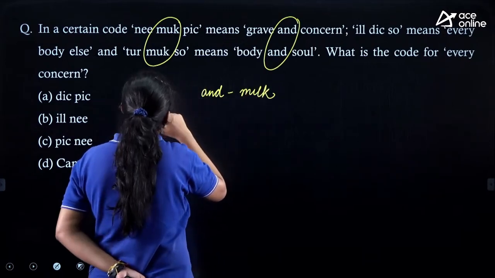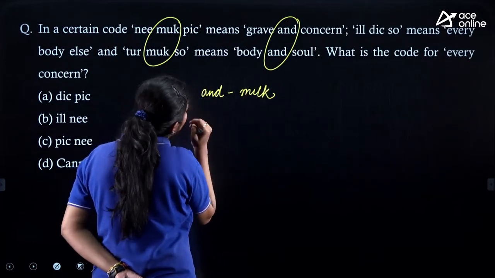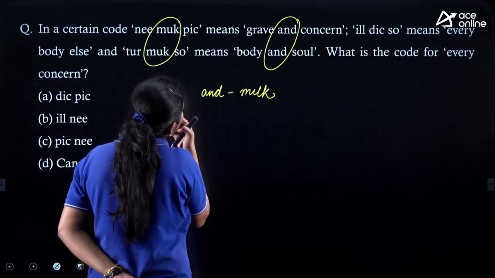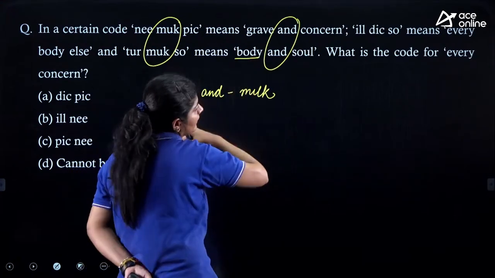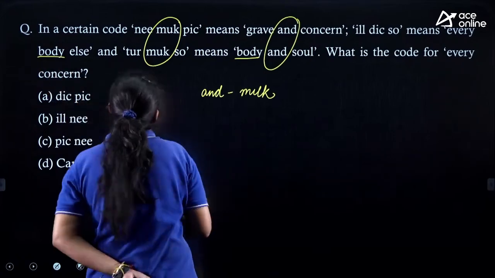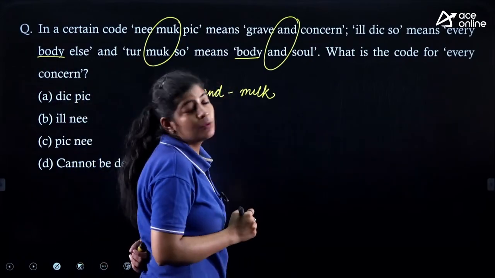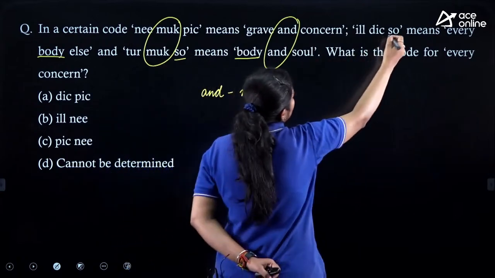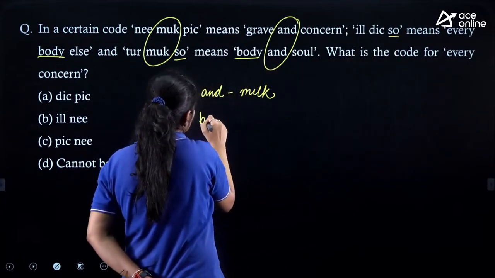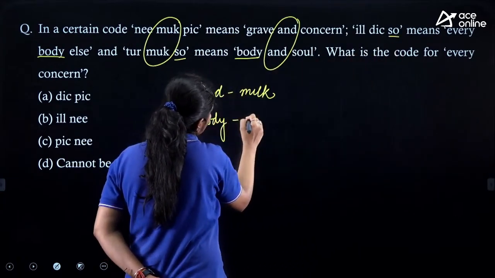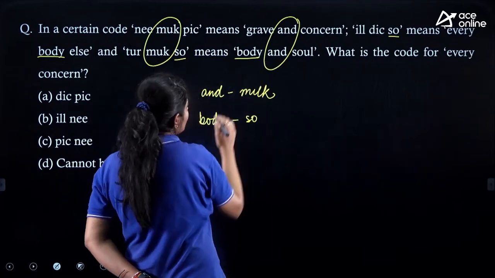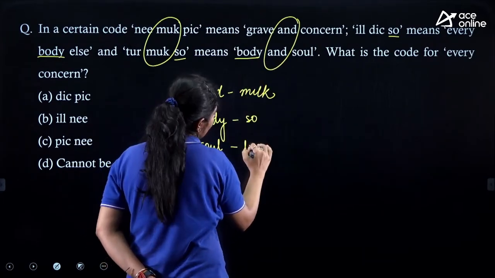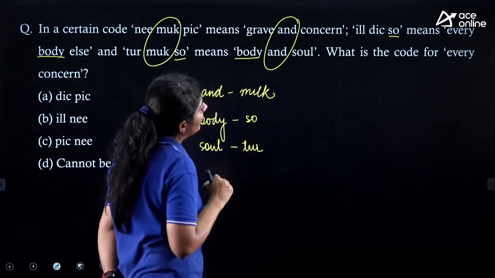The next one that we can see over here is body, right? And the common code that we are having for body is so. Now in the last one we are only left with the word soul, and the only code that we are having is TUR, right?